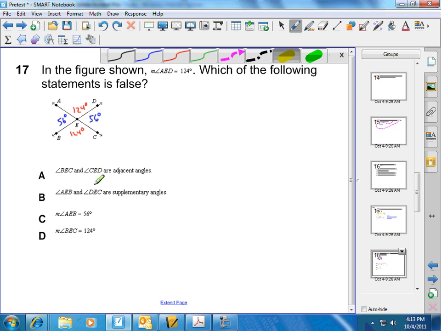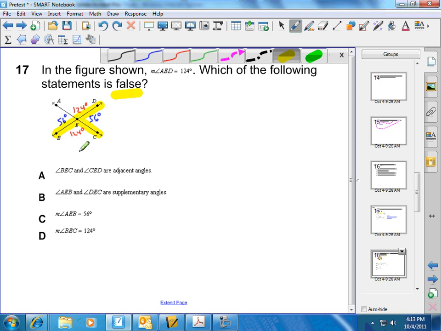So then let's just go down the list. We're looking for which statement is false. Okay, so we've got angle BEC and CED. That's this angle here. Are they adjacent angles? Yes, they share a common vertex. They're on the same line, and they have a common side. Okay, basically they make a straight angle. So that's true.